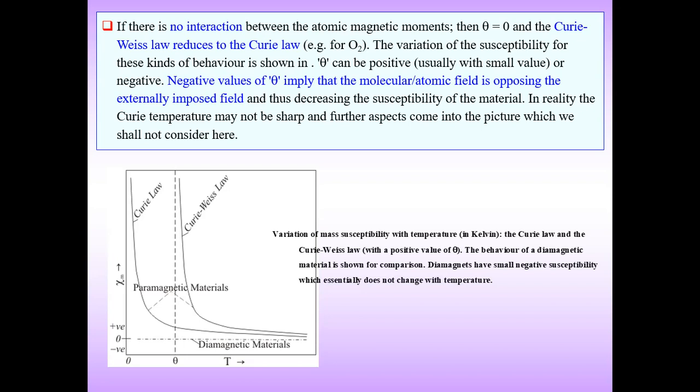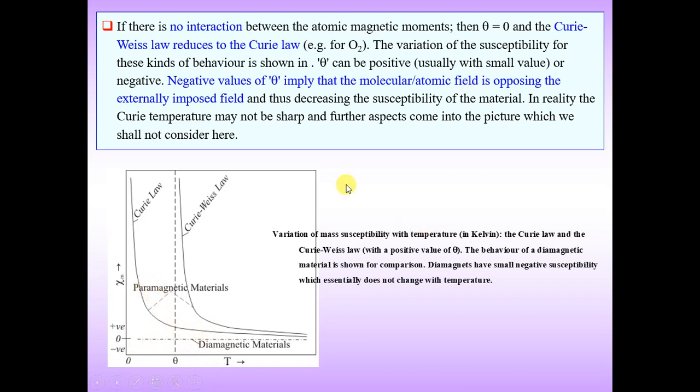The variation of susceptibility for these kinds of behavior is shown in the figure. See here, this is theta, the Curie-Weiss law and the Curie law. For paramagnetic materials, chi m is positive, and here it is 0. Here are the diamagnetic materials and the paramagnetic materials.